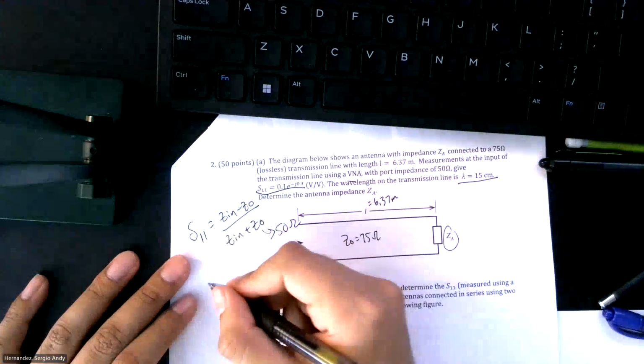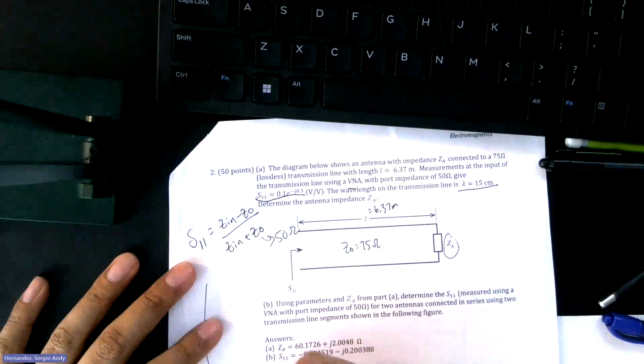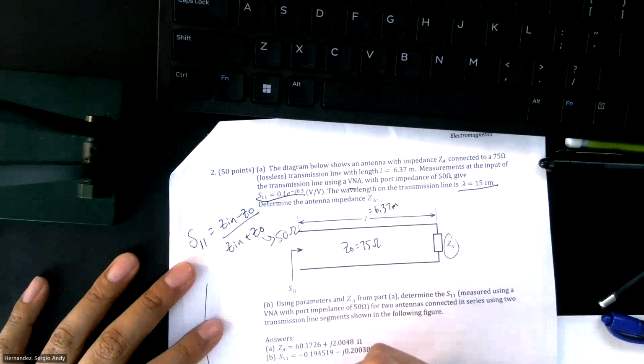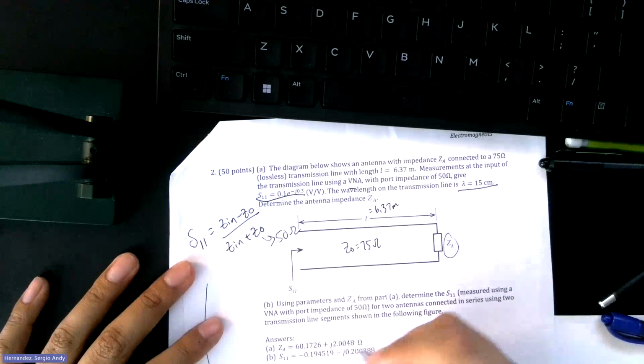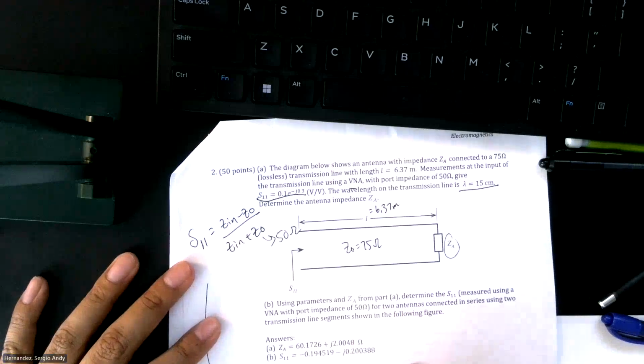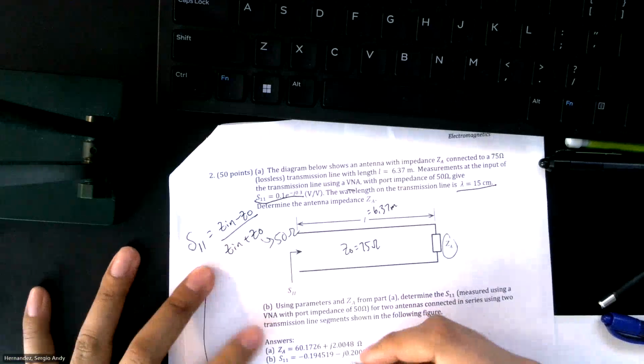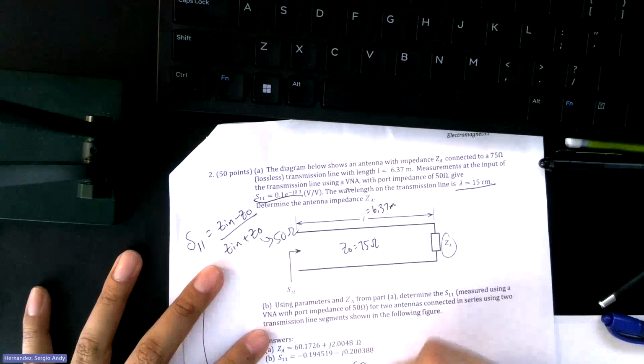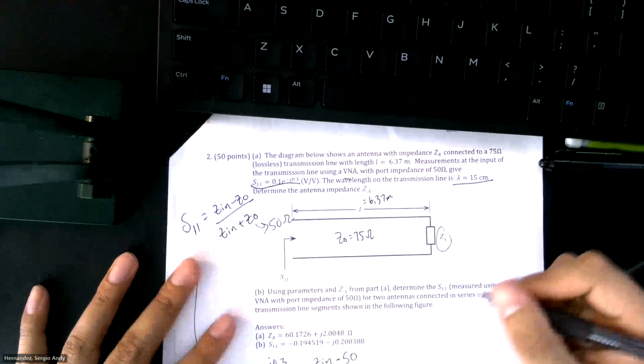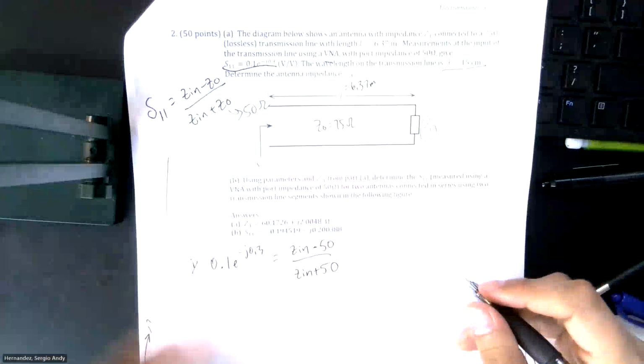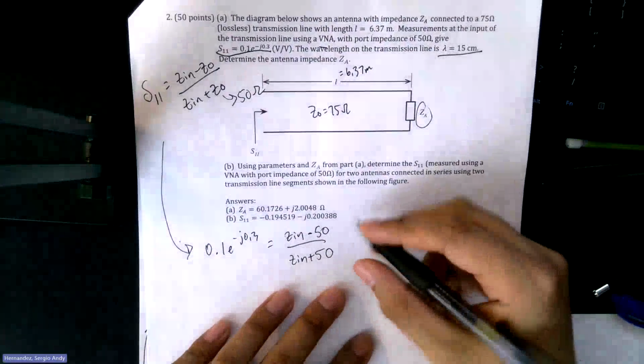So for here, it's going to look like 0.1 e to the negative j 0.3 equals (Zn minus 50) over (Zn plus 50), right?